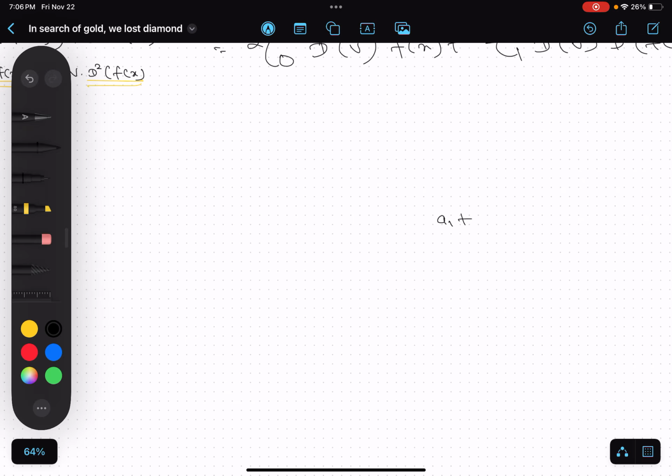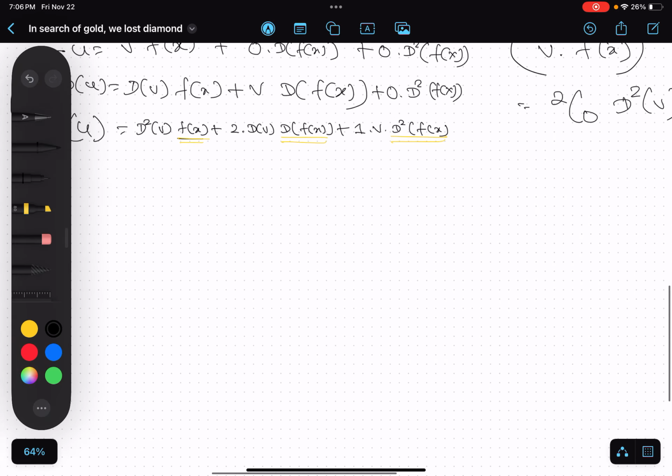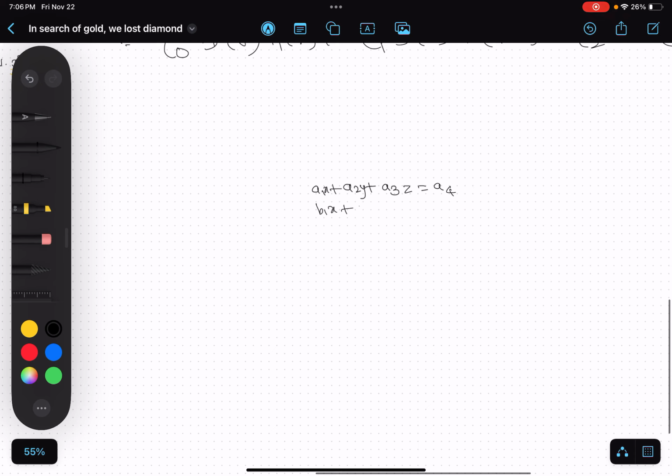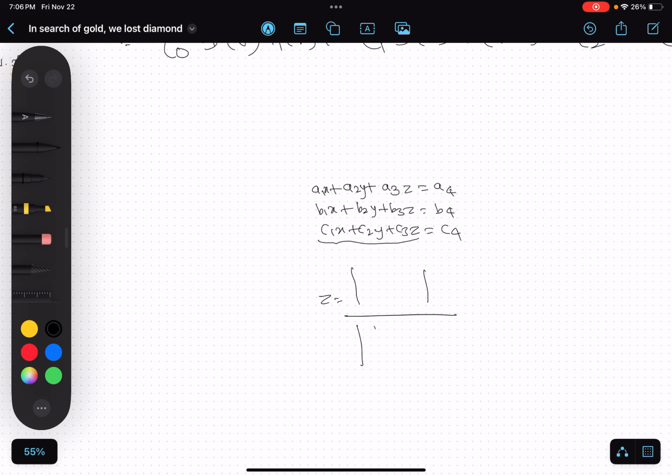Let's say I have a1x plus a2y plus a3z is equal to a4, three equations, three variables, good. Now b1x plus b2y plus b3z is equal to b4, c1x plus c2y plus c3z is equal to c4. Now if I want to solve for, let's say, z, what I will do is, in the denominator I will just have the determinant of all these coefficients, a1, a2, a3, b1, b2, b3, c1, c2, c3, right?